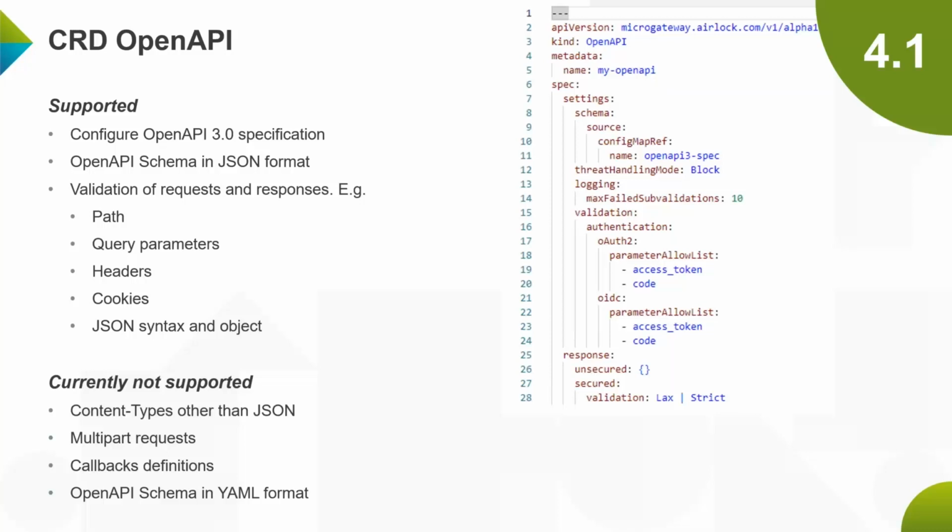We can do that on path, query parameters, headers, cookies, and also the JSON syntax and objects. Currently not supported are content types other than JSON, multi-part requests, callback definitions, or OpenAPI schema in YAML format.